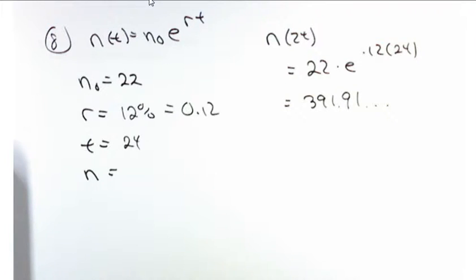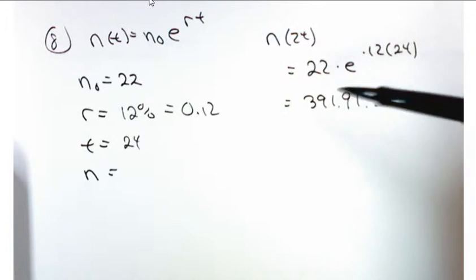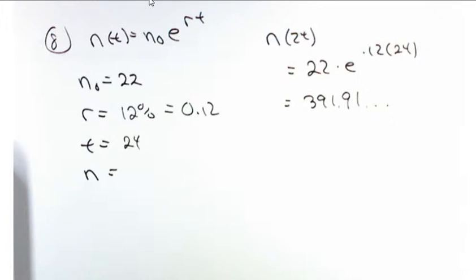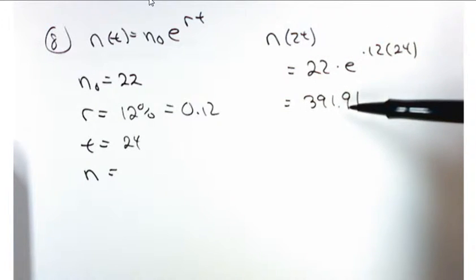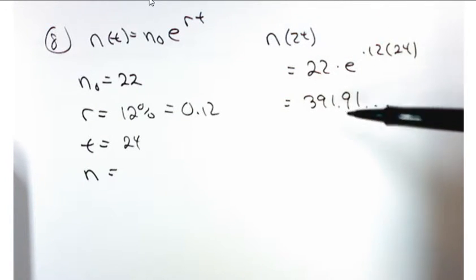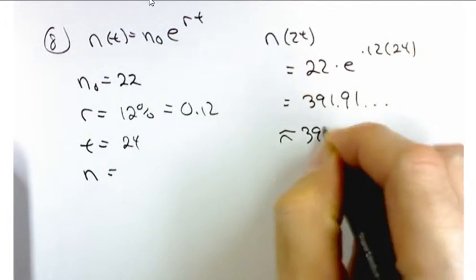Imagine making a copy of you every 8 or 9 minutes. The growth rate on that is just phenomenal. But even still, start out with, this is a classroom of about 20-some people, start out with 22 people, and after one day have 392 people. That'd be a huge increase. 392.